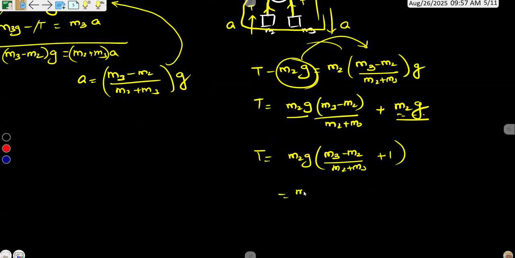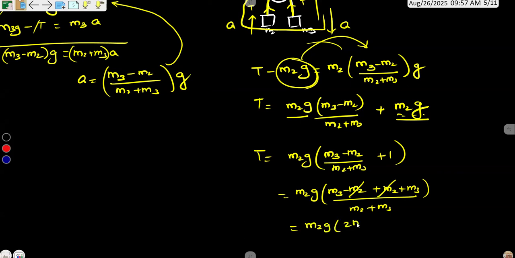When you do the LCM, M2G into M3 minus M2 plus M2 plus M3, whole divided by M2 plus M3. Plus M2 minus M2 gets cancelled. So we are left with M2G into M3 plus M3, which is 2M3, divided by M2 plus M3. This is my tension. The tension value is equal to 2M2M3G upon M2 plus M3.